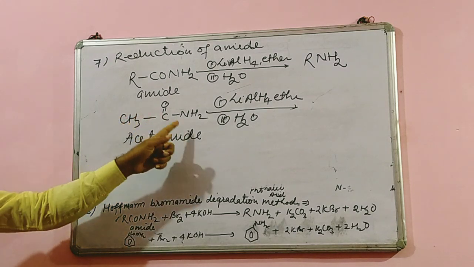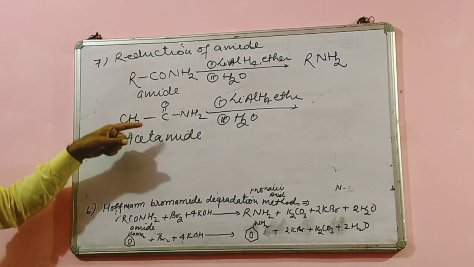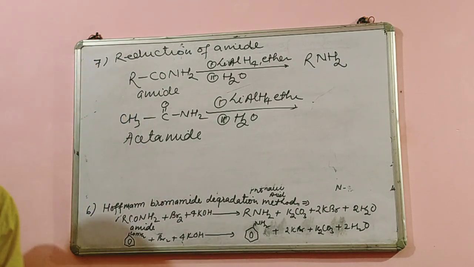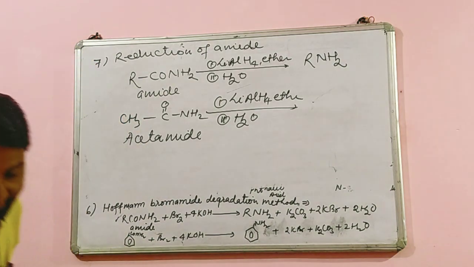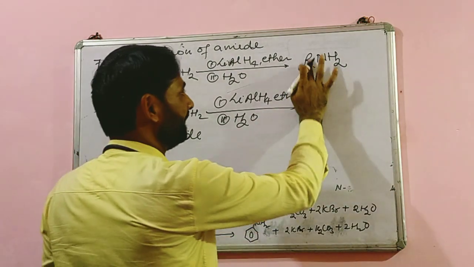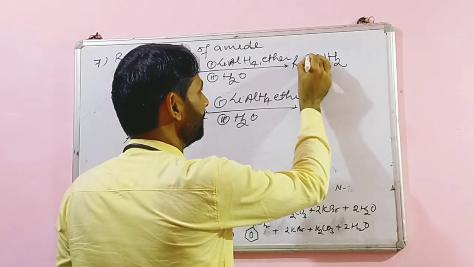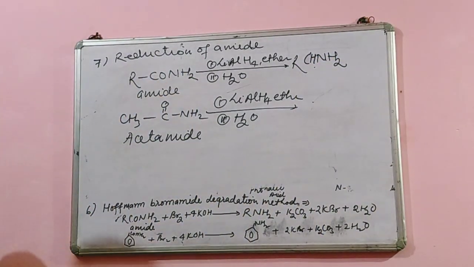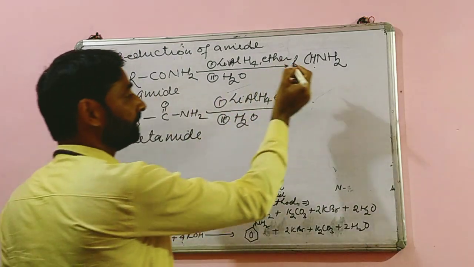Listen carefully. This is the 2 carbon, this is the CH3. All of you look here. Suppose that however many carbon are there, the amine is formed with the same number of carbon. There are 2 carbon, so the amine that is formed has 2 carbon. So RCH2NH2. जितना कार्बन होगा उतना amine बनेगा.